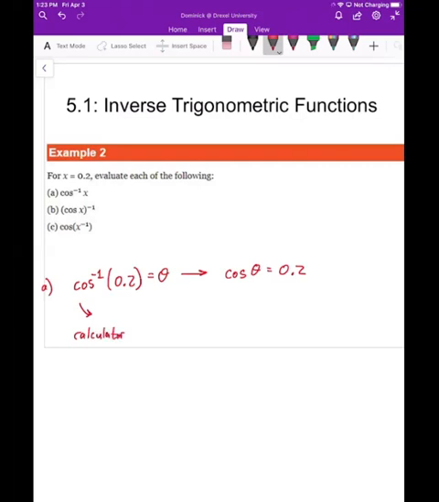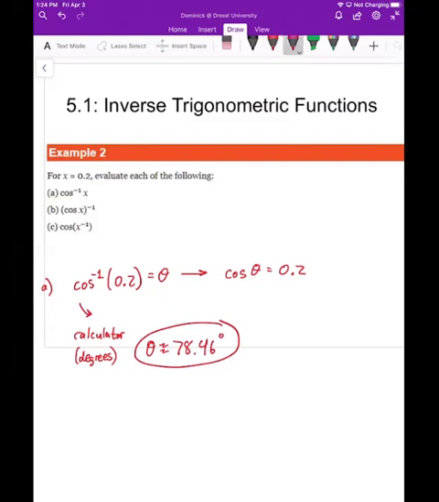And I'm going to assume that we're in degrees here, so all my answers will be in degrees for this problem. If I find the inverse cosine, which on most calculators you get by doing second and cosine, and I type that in, I'm going to get that theta is roughly 78.46 degrees. Remember, all these inverse trig functions will give you an angle to come out.